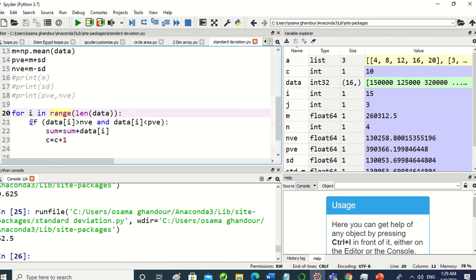Okay, so here we start the condition. We will examine the condition. What's the condition? This is the case of this program.